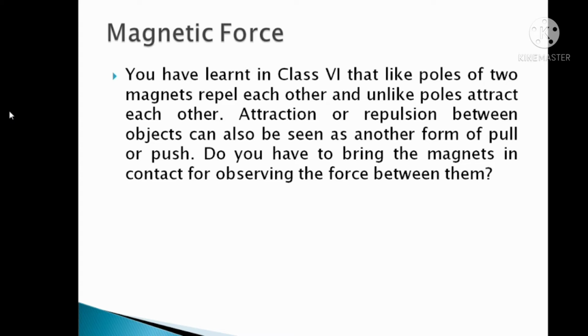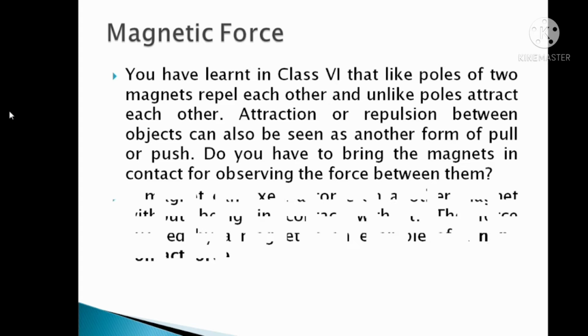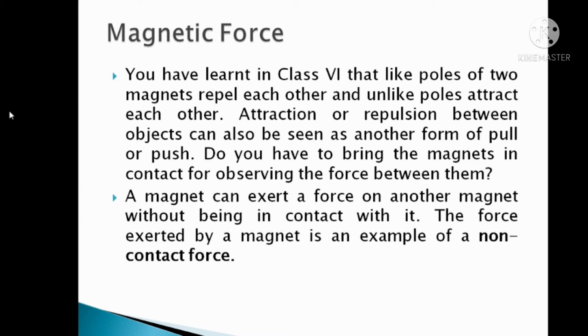Why do we bring the magnets in the context of observing the force between them? Yes, you have already done the experiment in your life. A magnet can exert a force on another magnet without being in contact with it. So the force exerted by the magnet is an example of non-contact force.